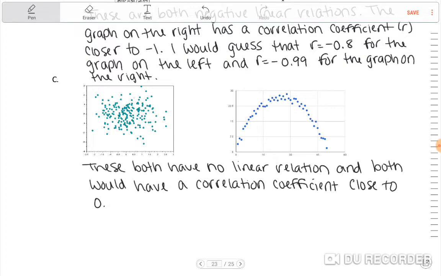So this one here doesn't seem to have any relation at all, whereas the one on the right seems to have a parabolic relationship. It's not linear, so still you're going to get an R which is close to 0. Okay.